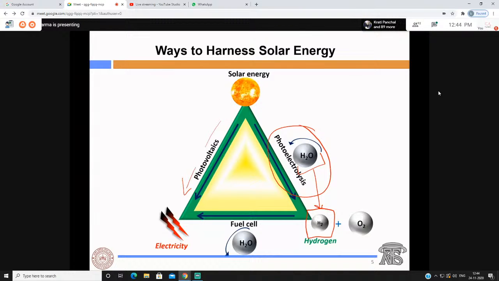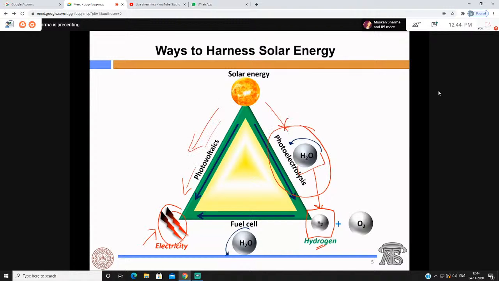And also, we discussed these two legs, one and one. We can also interconvert the electricity generated through the solar energy to fuel by providing the electricity directly to the water molecule to split the water.